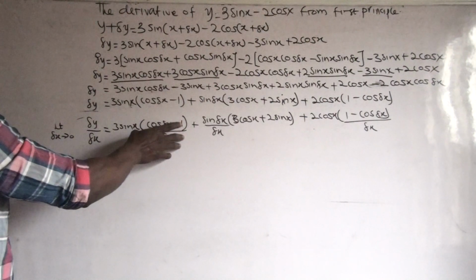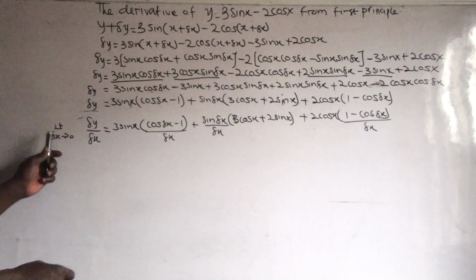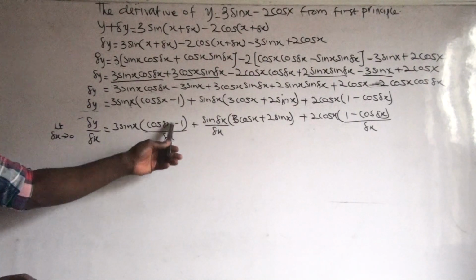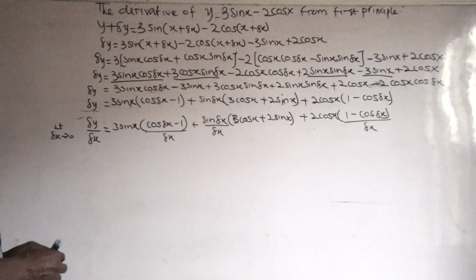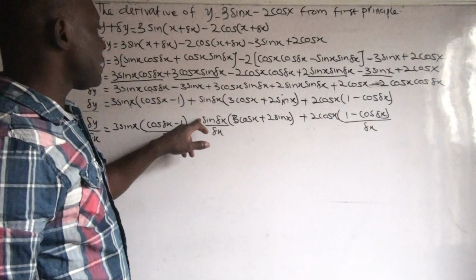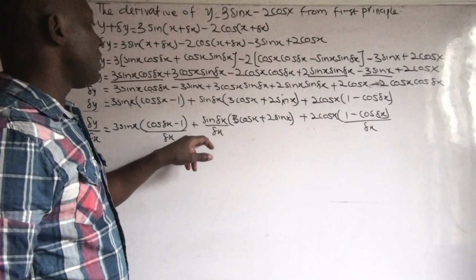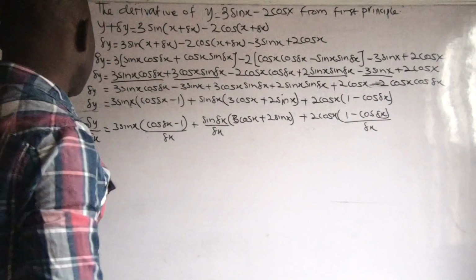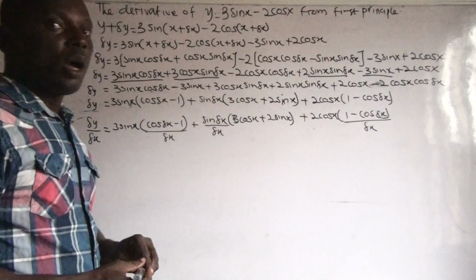So this limit becomes 0, and 0 multiplied by this will be off. Now let's look at this limit of sin delta x over delta x. This limit as delta x tends to 0 will usually give us 1.